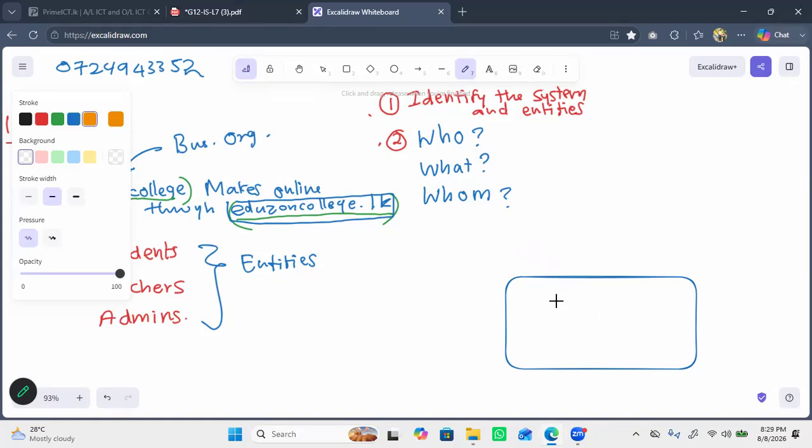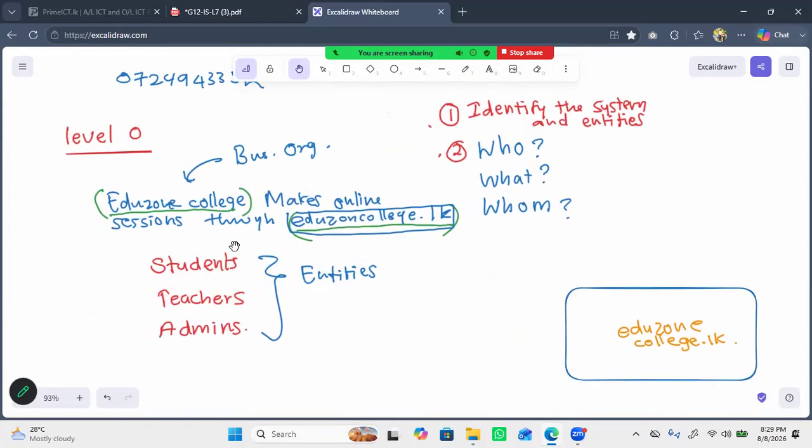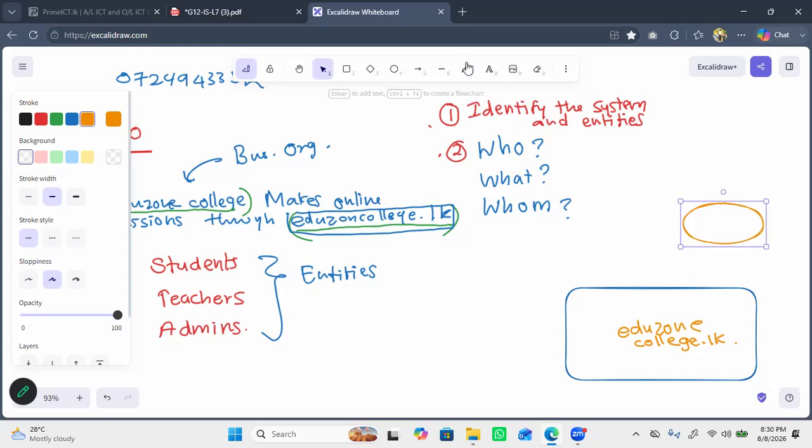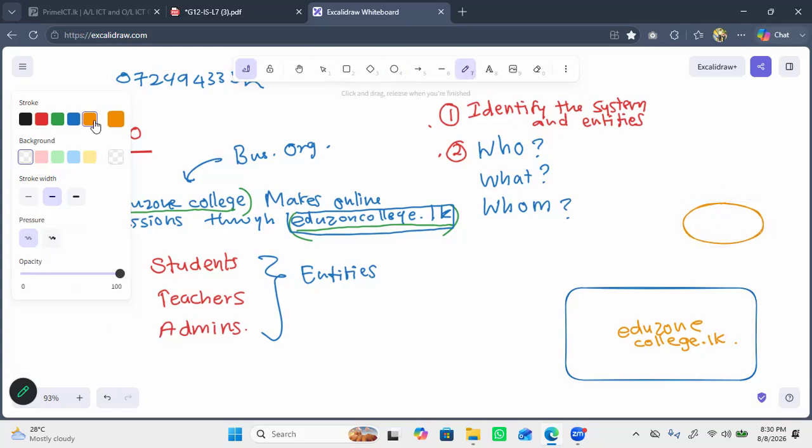Okay. Then this is how you're going to draw the context diagram. Just a square. Write the system's name inside it: EduzoneCollege.lk is our system. Very simple. Now, all the external entities, the people who are dealing with our system, you can show in an oval shape.